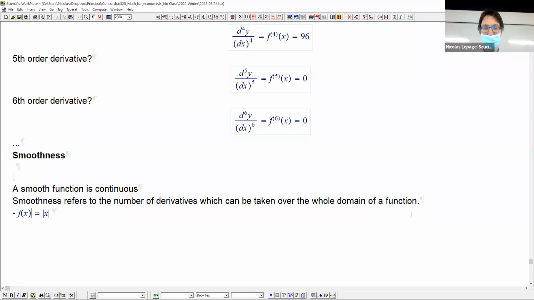So yes, it is continuous. But can I take a derivative at x equals 0? Absolutely not. So it's non-smooth, well, not differentiable at x equals 0. So not smooth.